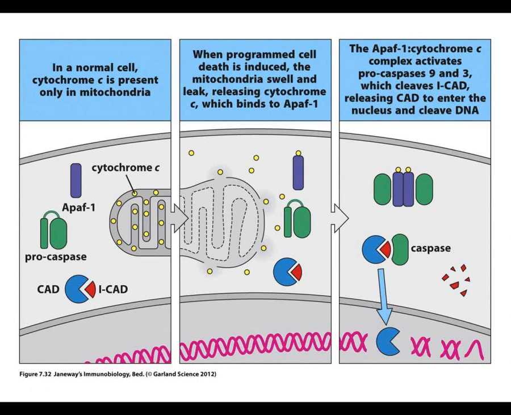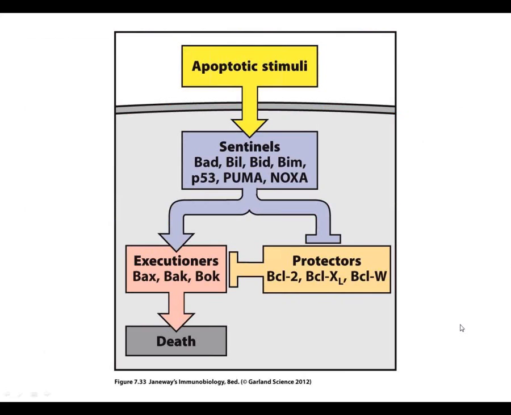So extrinsic is Fas ligand, or CD95. Intrinsic, cytochrome C from the mitochondria, activates caspases, and then you bleb. So this mitochondrial pathway is mediated by the BCL2 family of proteins.